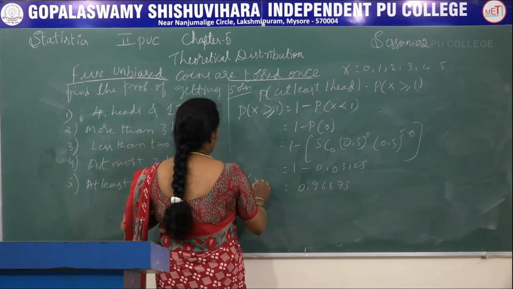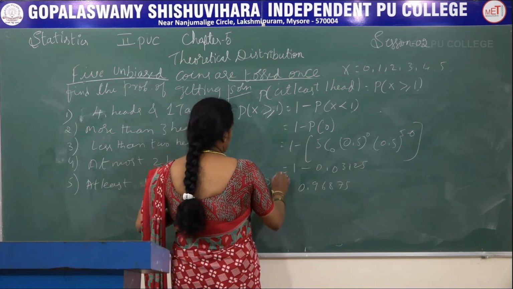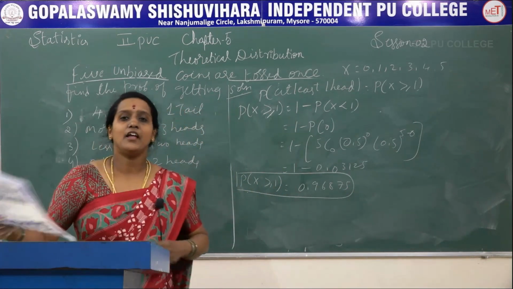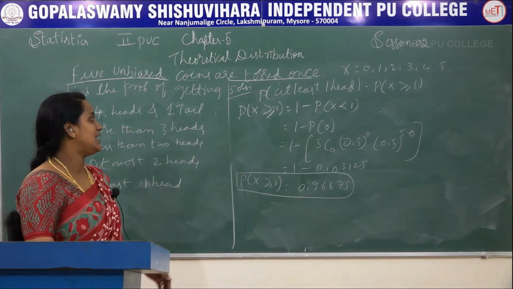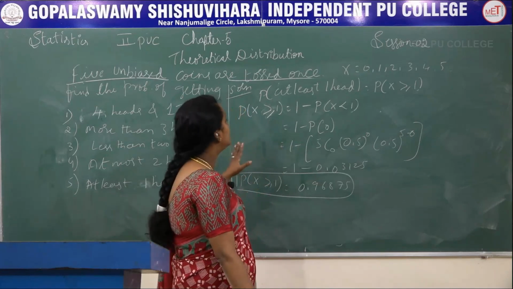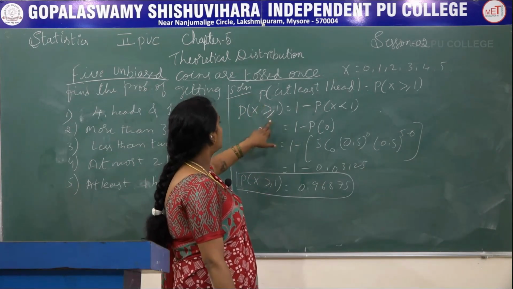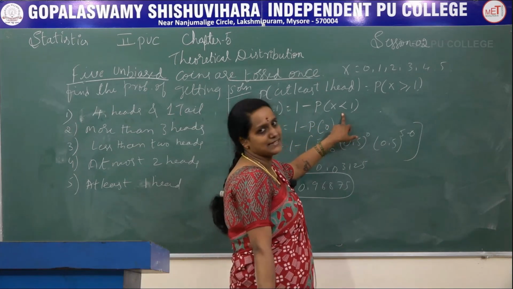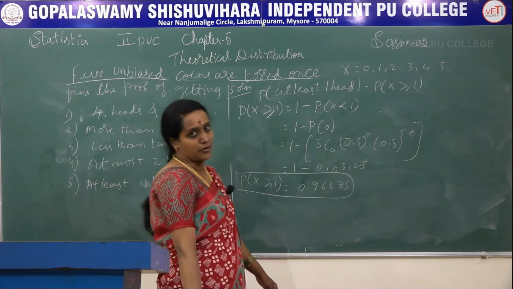This is the probability of x greater than or equal to 1. Whenever it is at least, if we take the complement, our calculation will be simple. Here in the complement I will take only less than, not the equality.